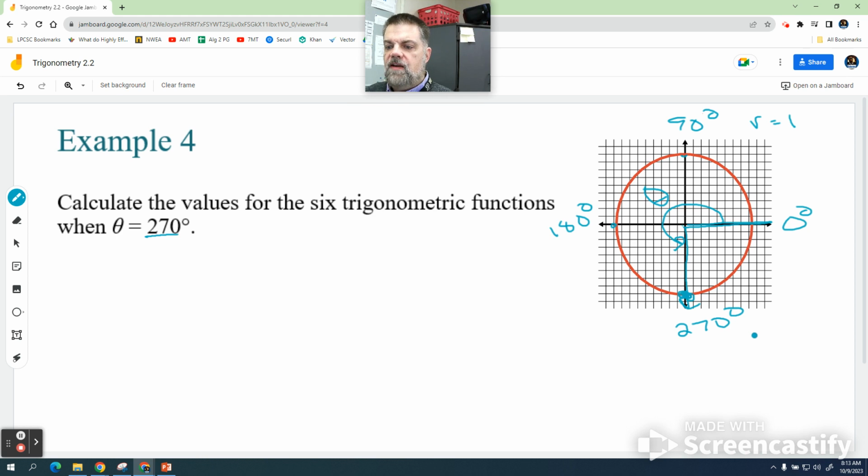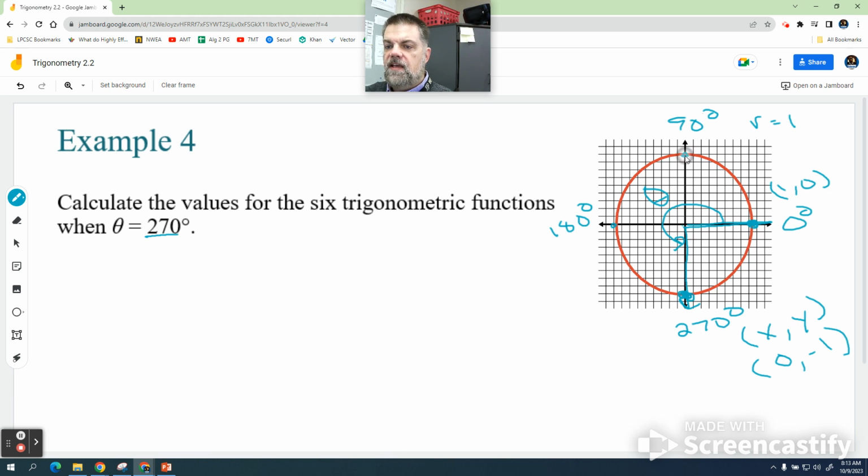So my y value, if you think in terms of x comma y, then my y value at that point would be -1, correct? And what would my x value be? 0. Okay. And this point over here, if the radius is 1, then this would be 1 comma 0 at 0 degrees.